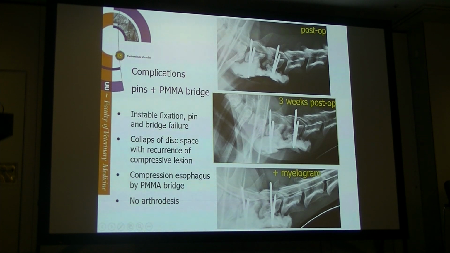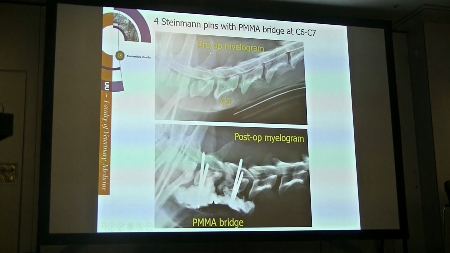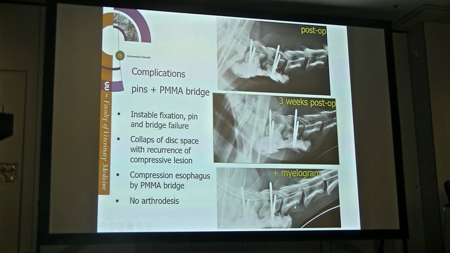But then if we follow this case along, this is the post-operative X-ray. Good decompression. We can see the myoprime still there. If we look at the compression before surgery and now after surgery, it's a good decompression. But then in the follow-up, we can see that the compression recurs, the distraction doesn't hold.